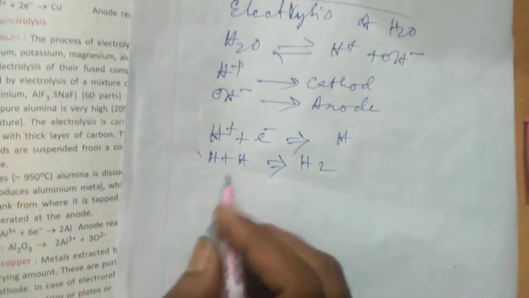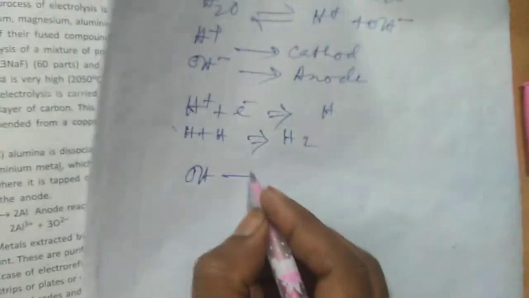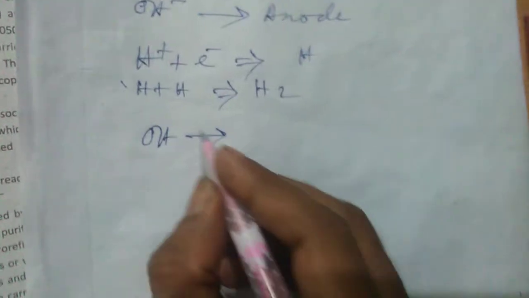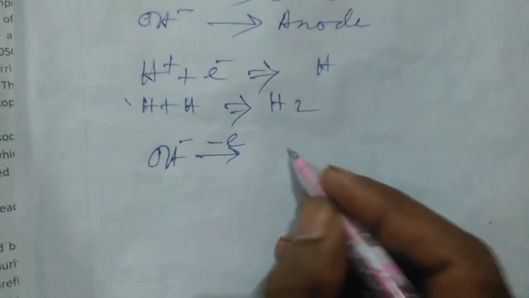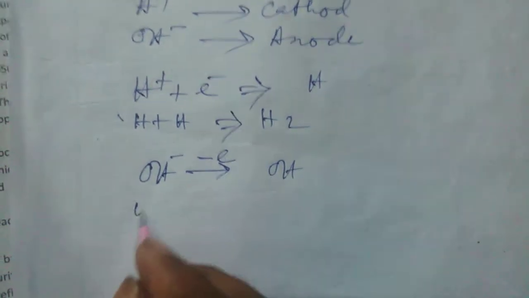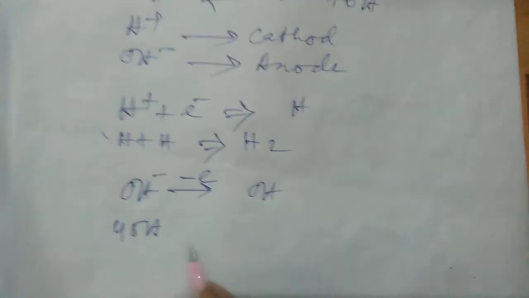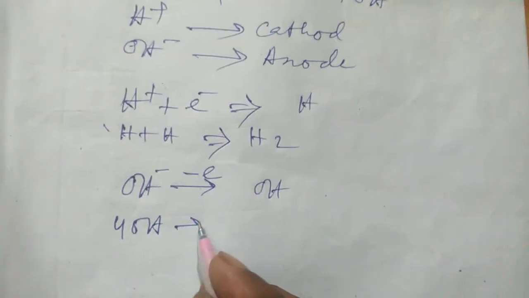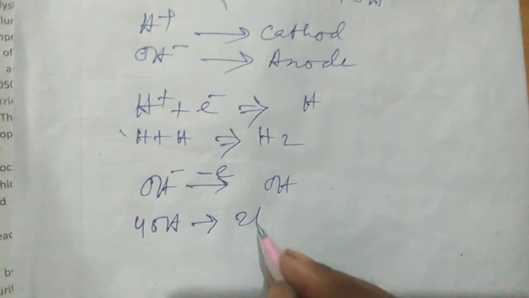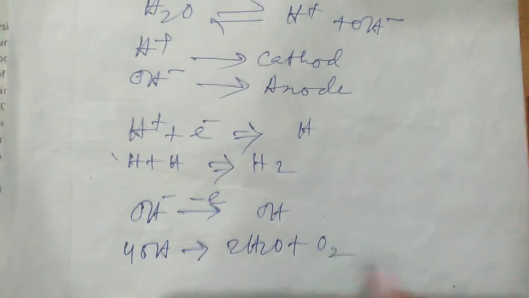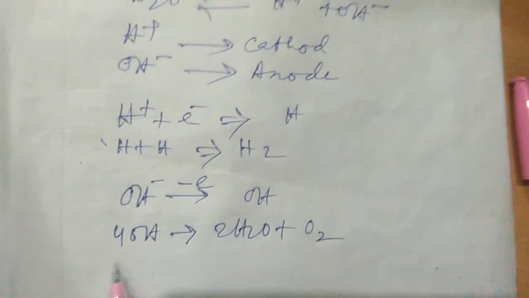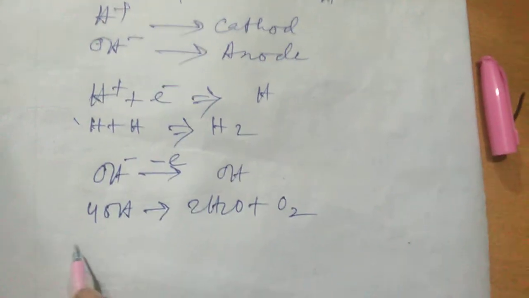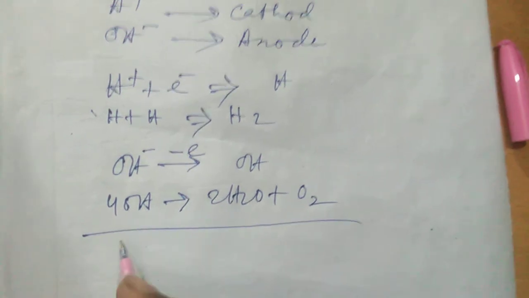Now in the case of the anode, OH- will go towards the anode and it will give up an electron to form OH. Now 4 OH radicals will produce 2 H2O molecules plus 1 oxygen molecule. So ultimately, what is the overall reaction? For 4 OH to be produced, 4 H2O molecules are to be taken.